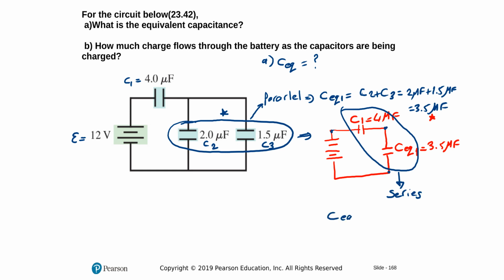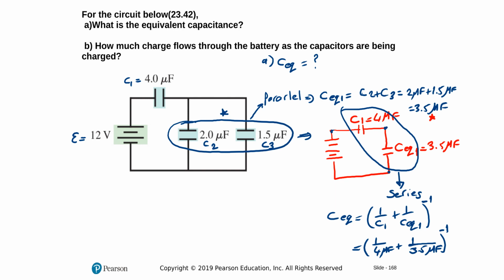C equivalent, now I say 1 over C1 plus 1 over C equivalent 1, to the power minus 1, and I'll put in the numbers. 1 over 4 microfarad plus 1 over 3.5 microfarad, to the power of -1.